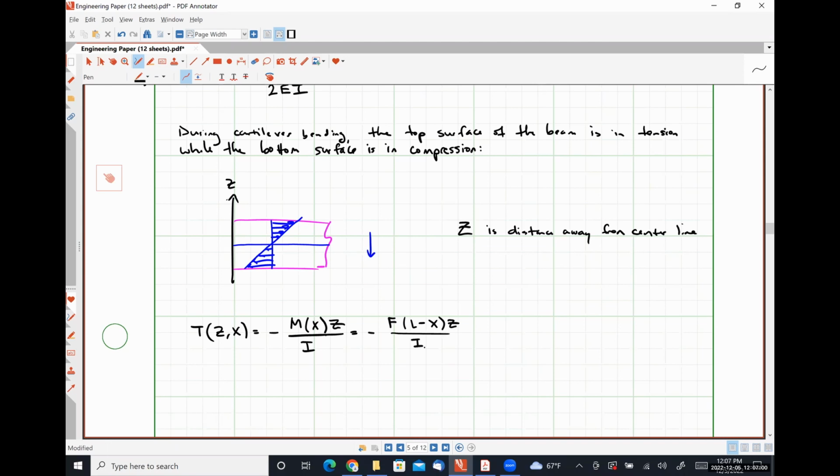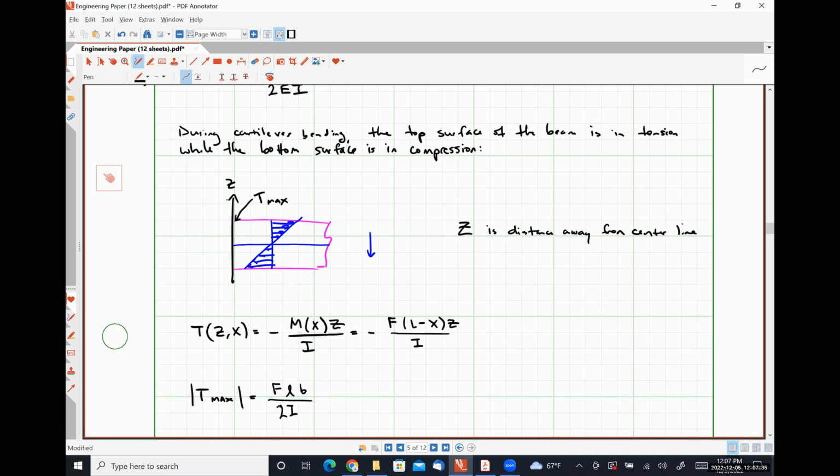And we are going to wind up experiencing maximum stress at the surface of our beam at the anchor point location. The magnitude of the maximum stress is given by FLB over 2I, where again, remember that B is the direction of bending.